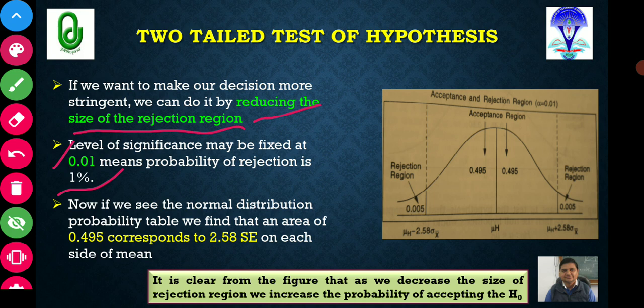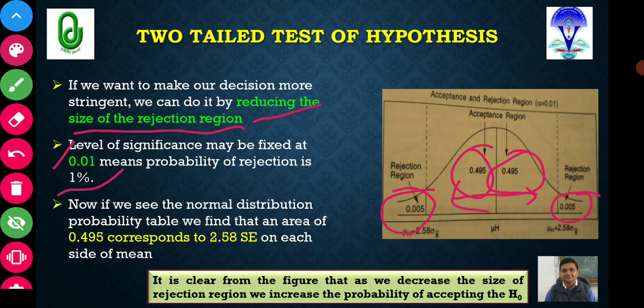So here in this graph, for the two-tailed test, the rejection region is 0.005 on both the sides, and the acceptance region is 0.495 on both the sides of the mean. So in total it is coming around 0.99.